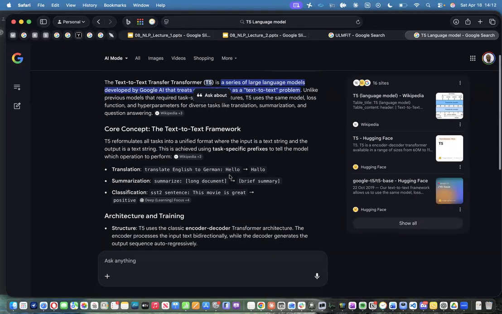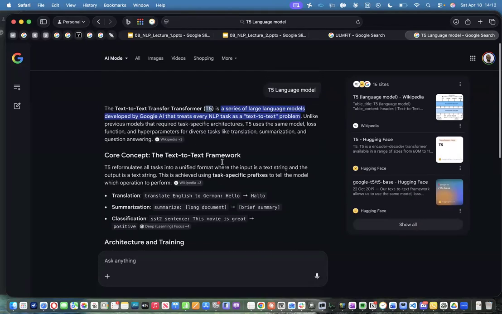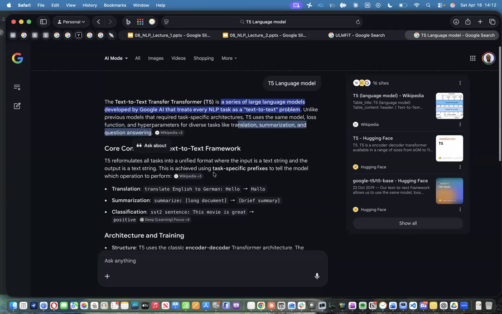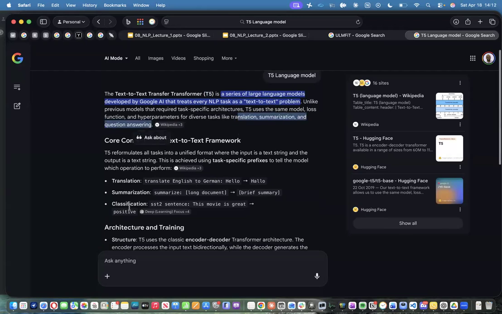T5 treats NLP tasks as text-to-text problems, such as machine translation. Some people have used T5 a lot for machine translation. You can use it for machine translation, summarization, and question answering. All these are text to text, right? The core concept, you can see, also covers classification.